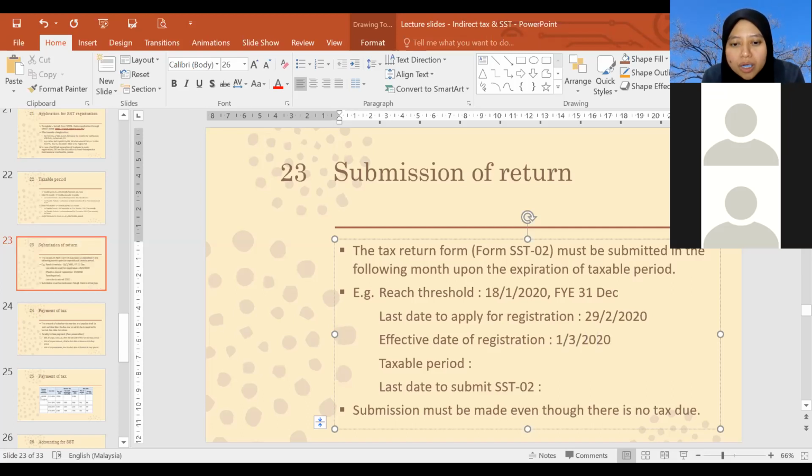So, what is the taxable period? The first taxable period would be? Next item here. So what would be the first taxable period?